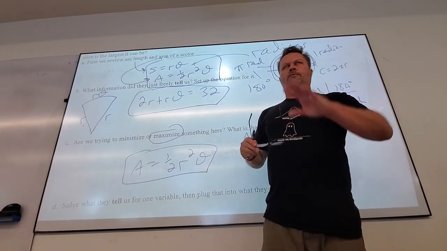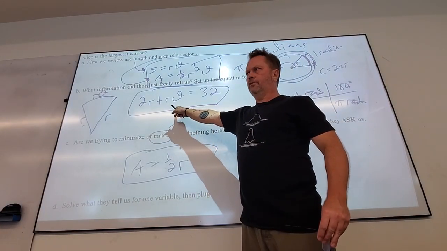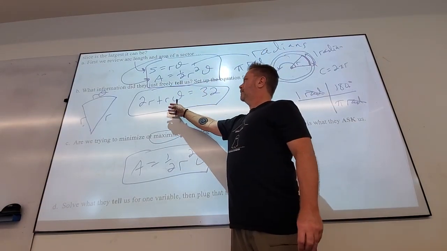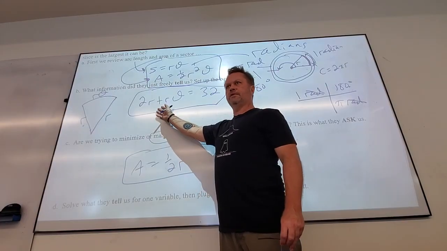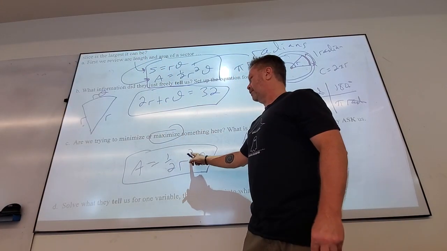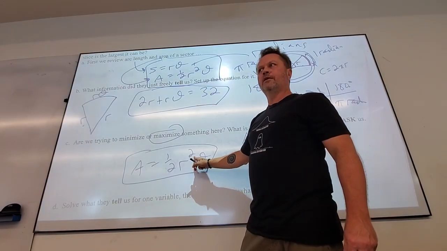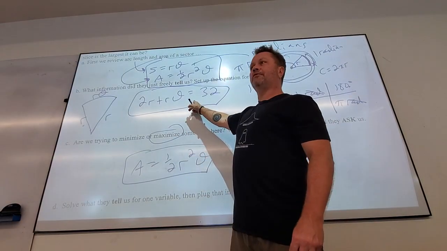It doesn't really matter which variable you solve for. This one is equally easy to solve for r or theta. If you disagree, solve for the one that's easier. But notice that if you solve for r, you're going to have to square it, and that could potentially make this gross. So I would say solve for theta.